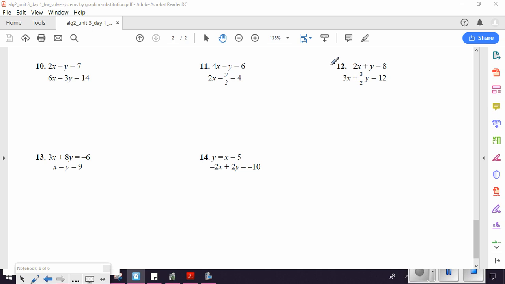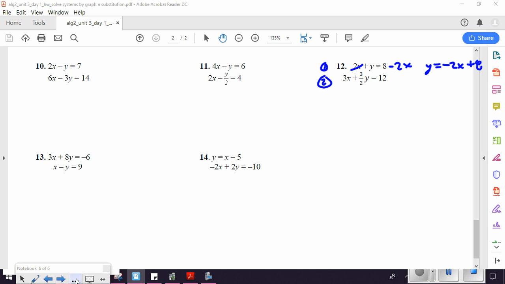On number 12 now, equation 1, equation 2. Again, equation 1 has y with the coefficient of 1, so I will get rid of 2x on both sides. So equation 1 would now read y equals negative 2x plus 8.